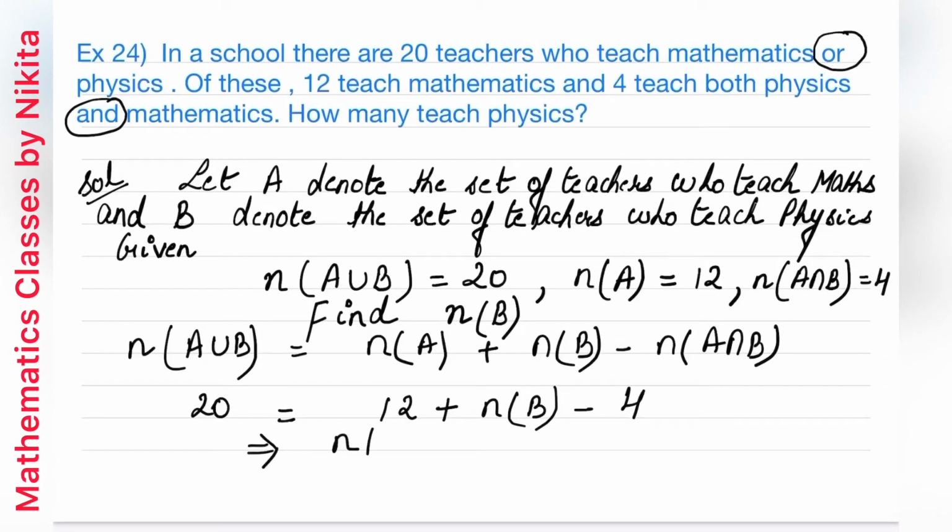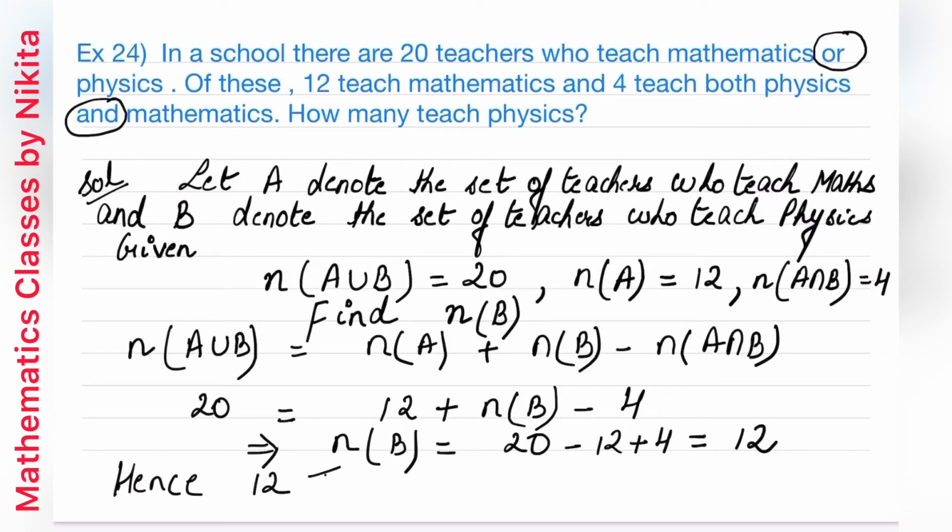And from here you will get that n of B is equal to 12. So hence 12 teachers teach physics. So this is how you have to convert a word problem into a mathematical model or mathematical problem.